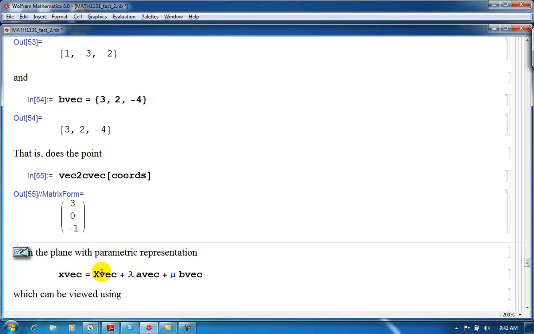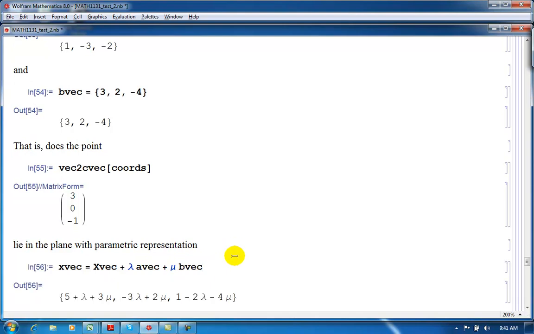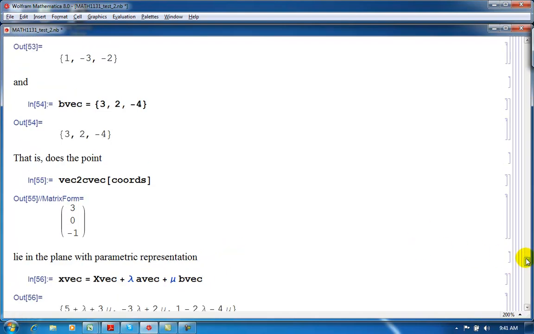Well, if it's spanned by the vectors A and B, then its parametric equation will be the first point plus a parameter lambda times A and another parameter mu times B. So let's calculate that.